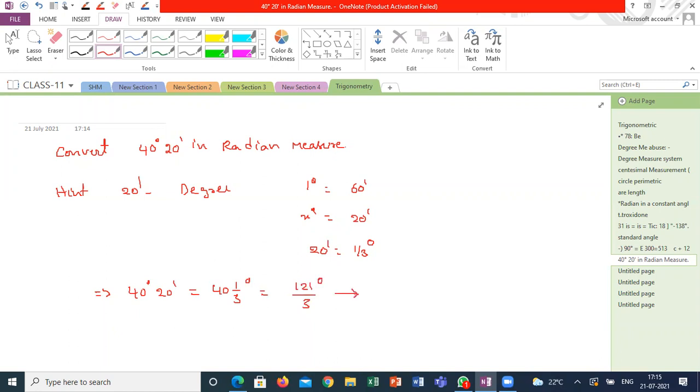Now it is ready to convert to radian measure. So for radian measure, what do you have to multiply? Pi by 180, correct? Yes, sir. So 121 by 3 degrees will be equal to pi by 180 into 121 by 3.